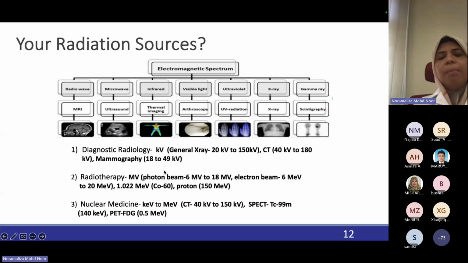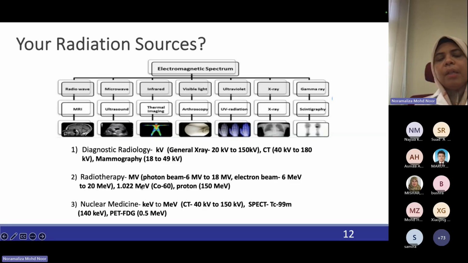Usually for radiotherapy, there are two types of beam. Photon beams, 6 MV to 18 MV, are usually used to treat deep-seated tumors, whereas electron beams are used for superficial cancer, like skin cancer, at 6 to 20 MeV.